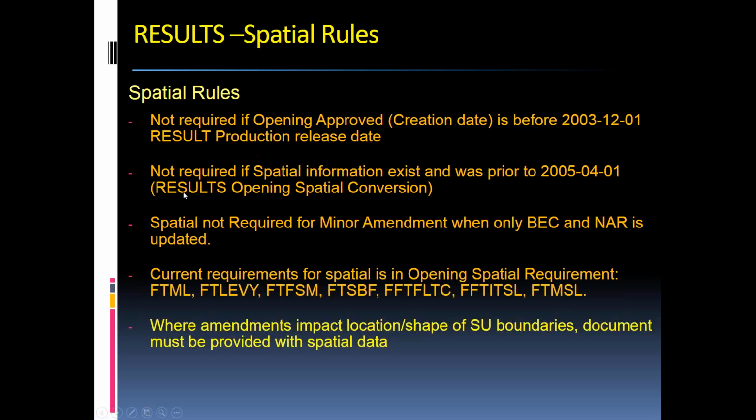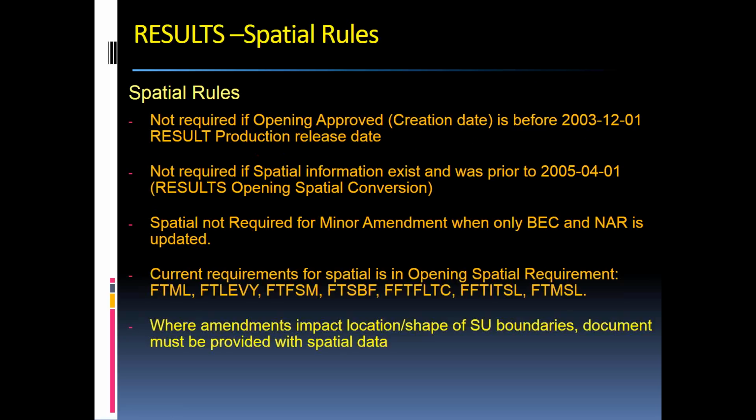And as I was saying before, there's openings that are in the system that are older, but then had undergone an opening spatial conversion. So you'll see in some situations there's maps that don't look exactly like the information that you expect to see for your opening files that you have in the office. But that's just because there was a generalization of boundary work that was done to create the opening coverage for results.